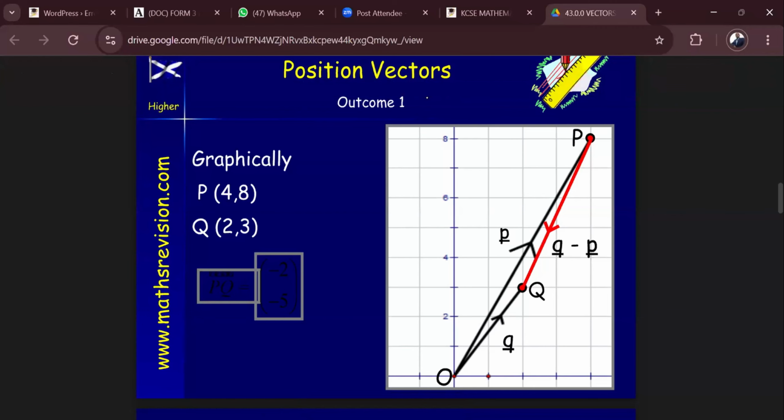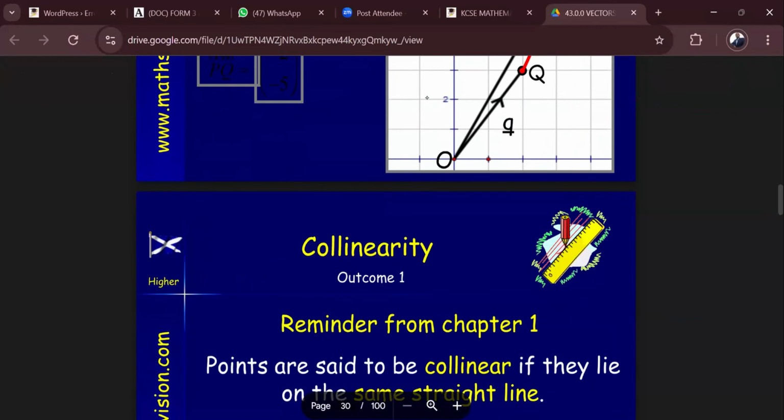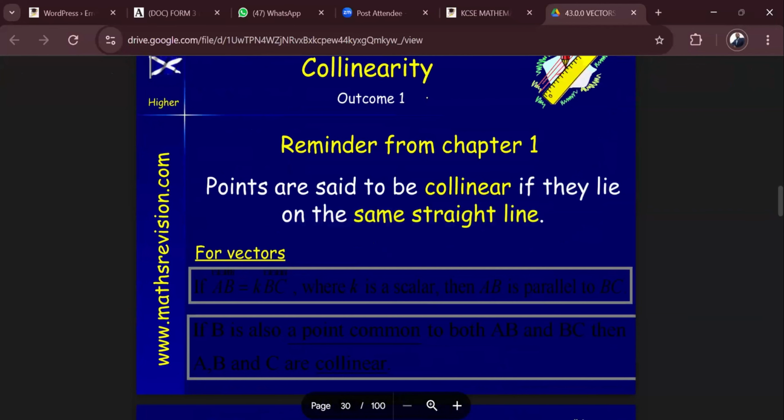So it will be q minus p. Is that okay? That's how it is represented graphically.